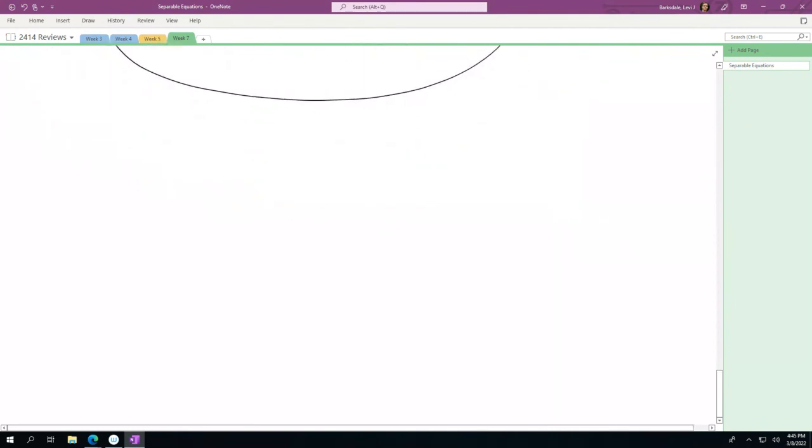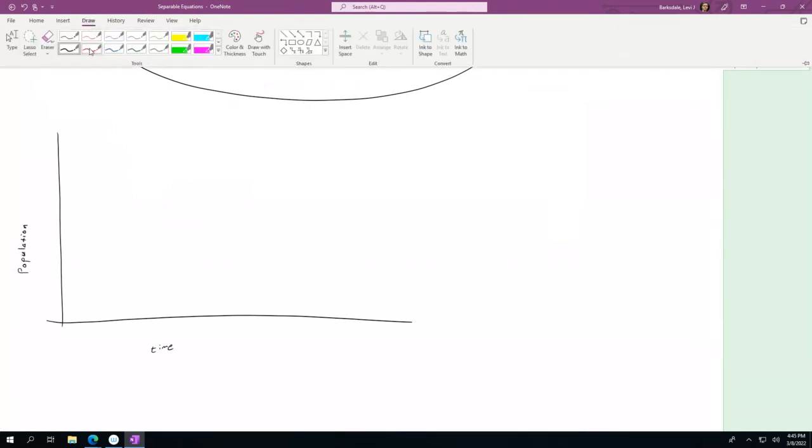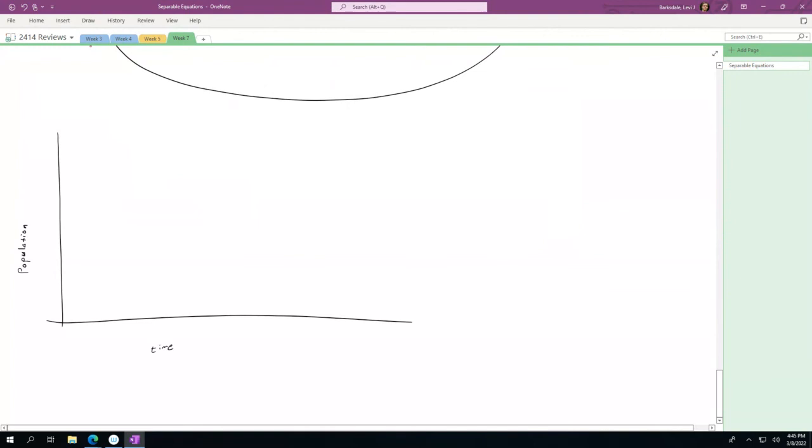And what you'll often see this represented as is in a diagram. So if the x-axis is time and the y-axis is population, then what we'll often see is what's almost like a phase shifted diagram.